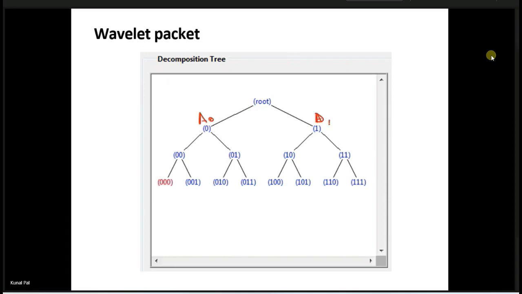So this will be A00, this will be D01, this will be A10, this will be D11.